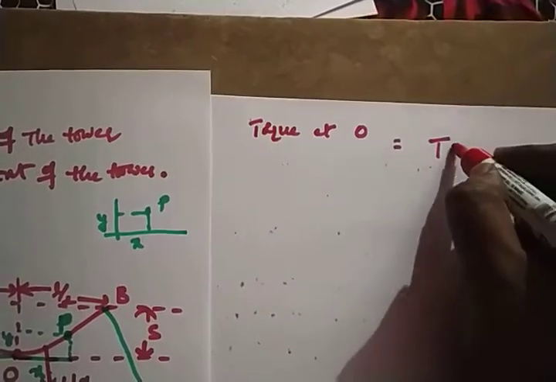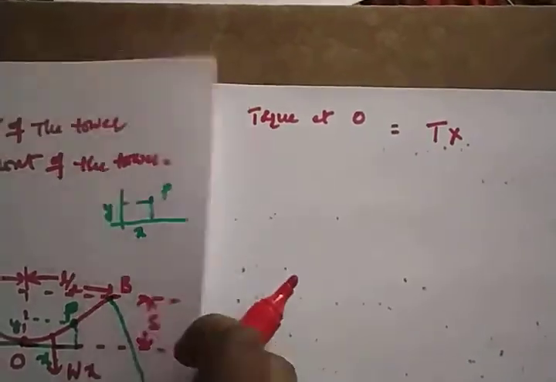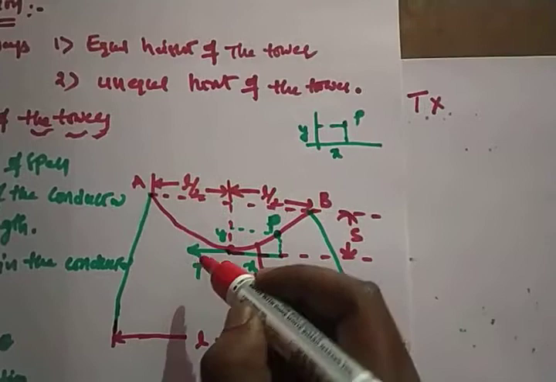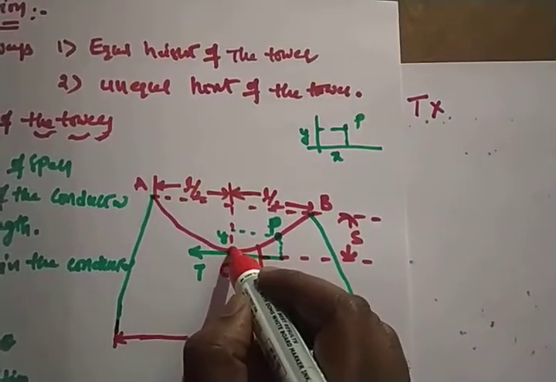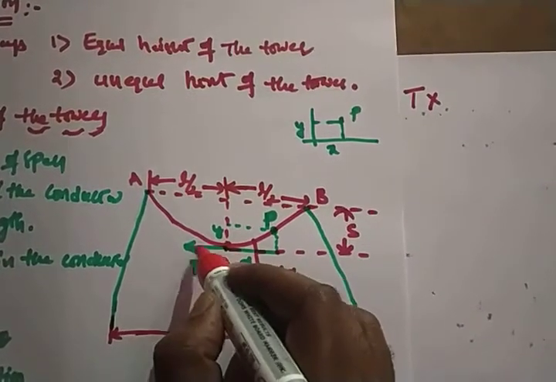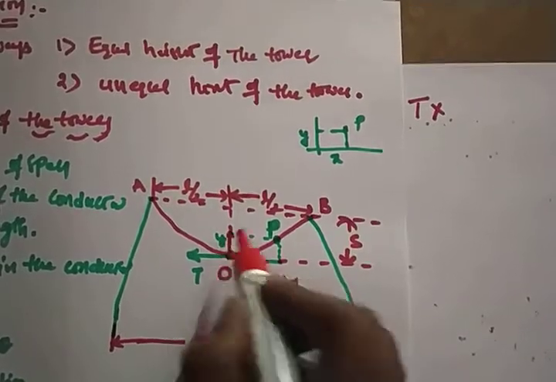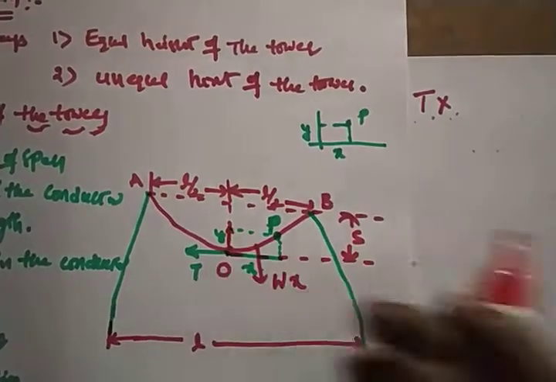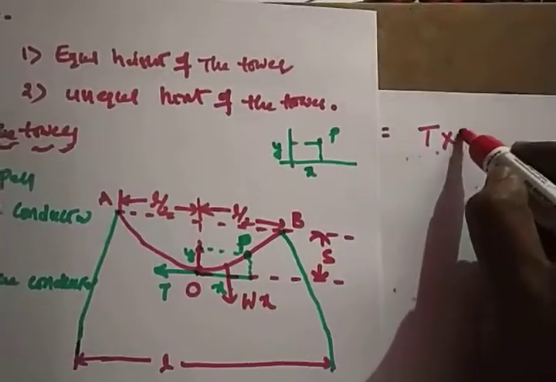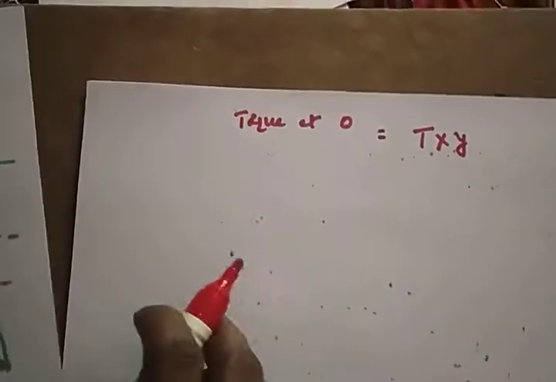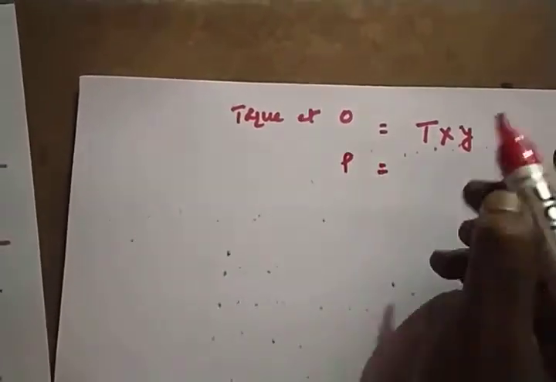Tension T. And what is the position vector for this force? It is y. So the torque is T into y. At point P you have a force. What is that force? That is at the midpoint of OP.